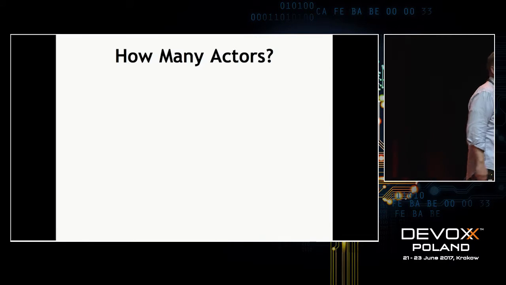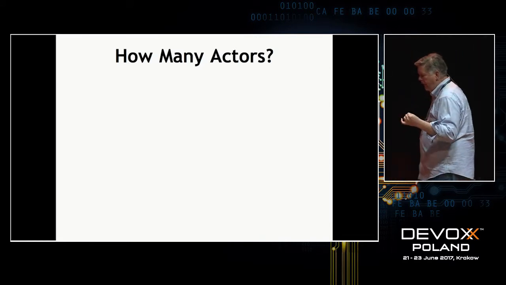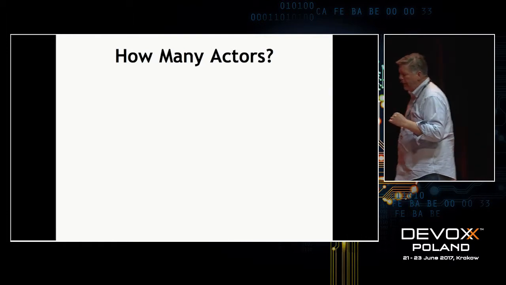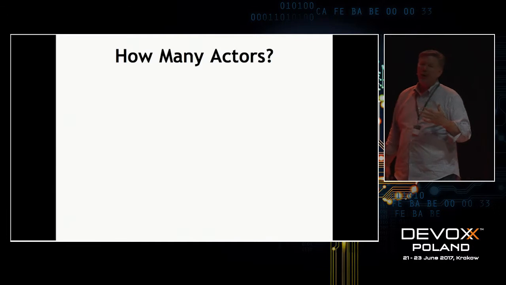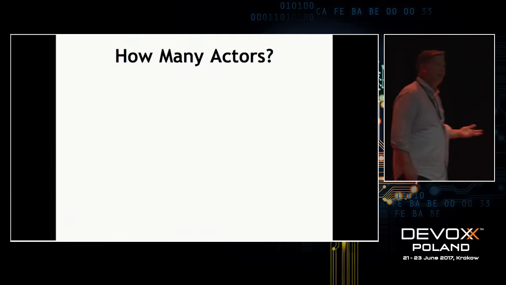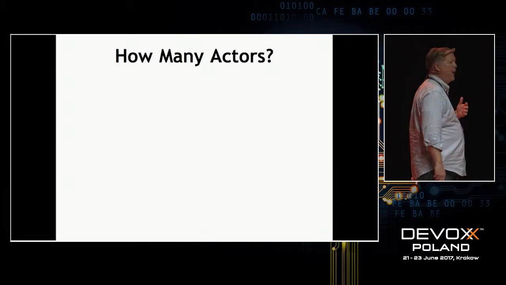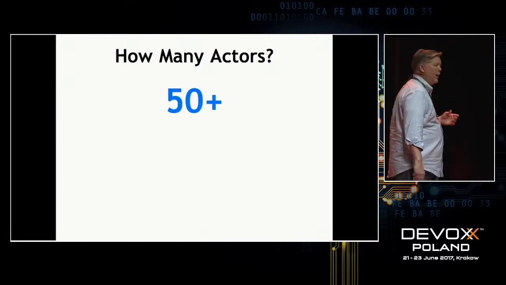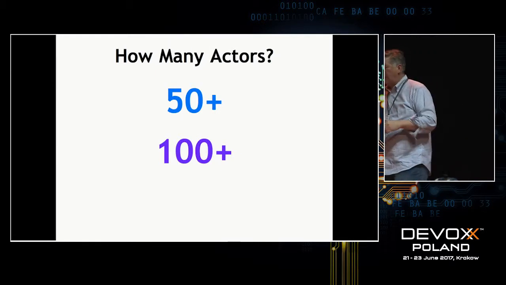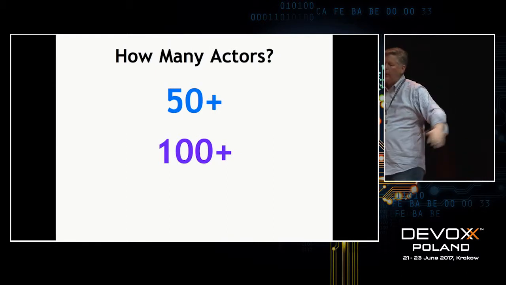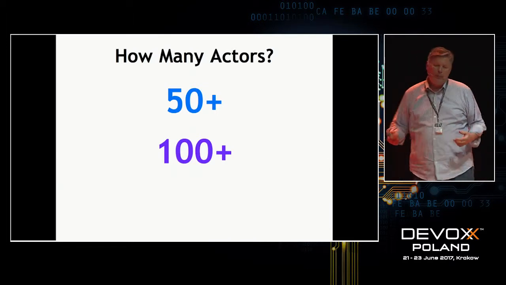Now, when we use actors, how many actors do you think are practical? If you're thinking in terms of maybe some kind of messaging mechanism, it might sound to you like, well, if I had 50 message listeners in my application, that might be all that we can deal with. Maybe we even have 100 message listeners, so we have a bunch of competing consumers spread across our particular subsystem.